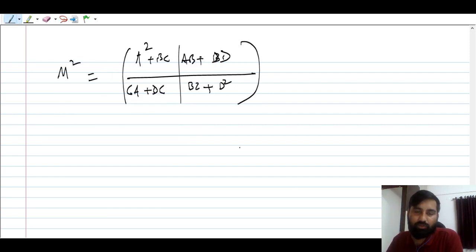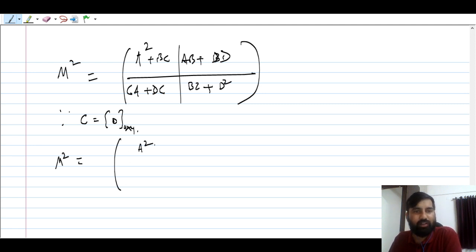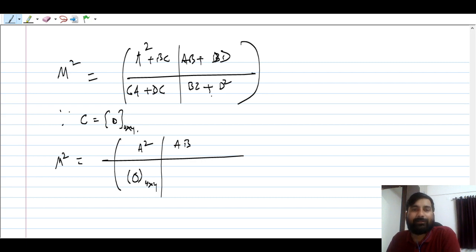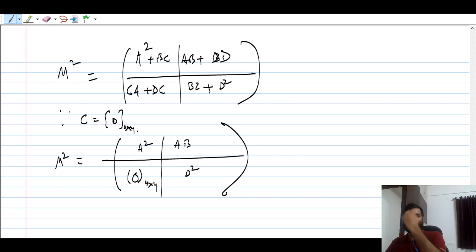Since C is zero matrix, it's 4 by 4. तो आप क्या करोगे यहाँ पर M square equal to, you see this is A square, this is AB, and this is 0, all 0, 4 by 4 you can say, right? And this is going to be D square.